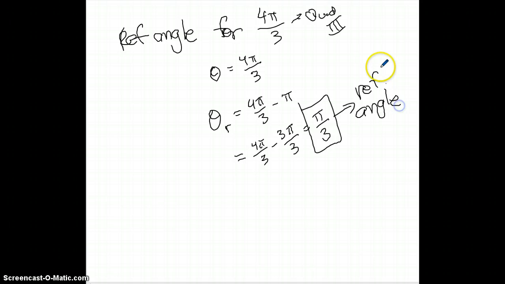So what can we do once we have the reference angle? Suppose I need to find the cosine of 4 pi over 3. That's not in the first quadrant, and it's not one of our special angles. Well, you already know it's in the third quadrant. And what sign does cosine have in the third quadrant? In the third quadrant, cosine is negative.